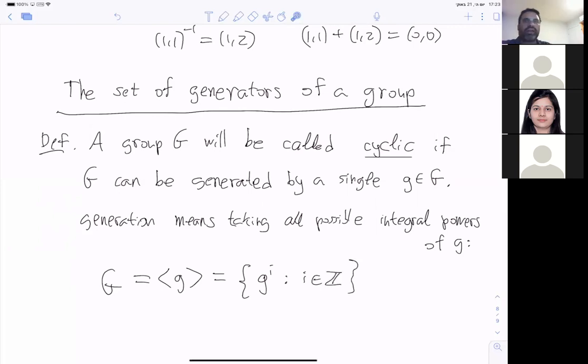By the way, I remind you that a negative power just means you take the inverse and then the positive power of it. This is what a negative power means.